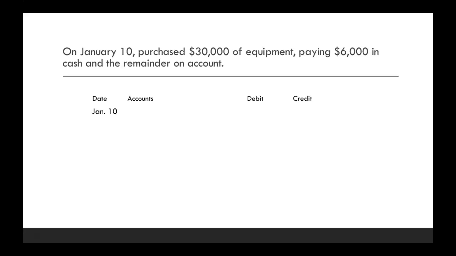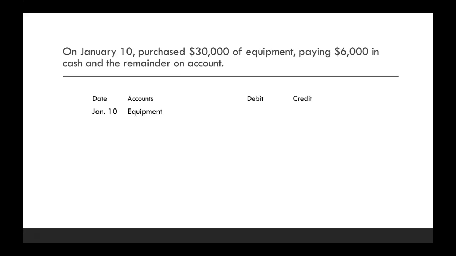Now on January 10th, we purchased $30,000 of equipment. We paid $6,000 in cash, and the remainder will be on account. So let's break this up into its individual pieces. We are purchasing equipment. That means that we are getting equipment. Equipment's an asset, so we want to debit our asset account equipment.